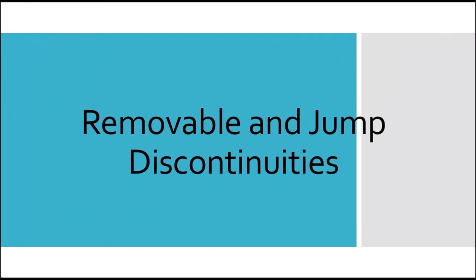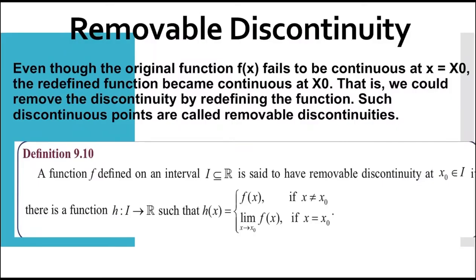First, let us define what is removable discontinuity. Even though the original function f of x fails to be continuous at x equal to x naught, the function may be continuous at all the other points except x equal to x naught. At this particular point, it is not continuous.